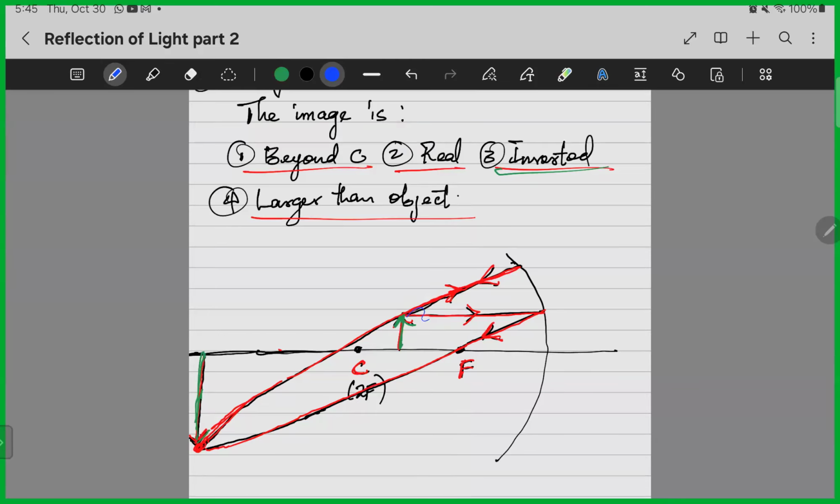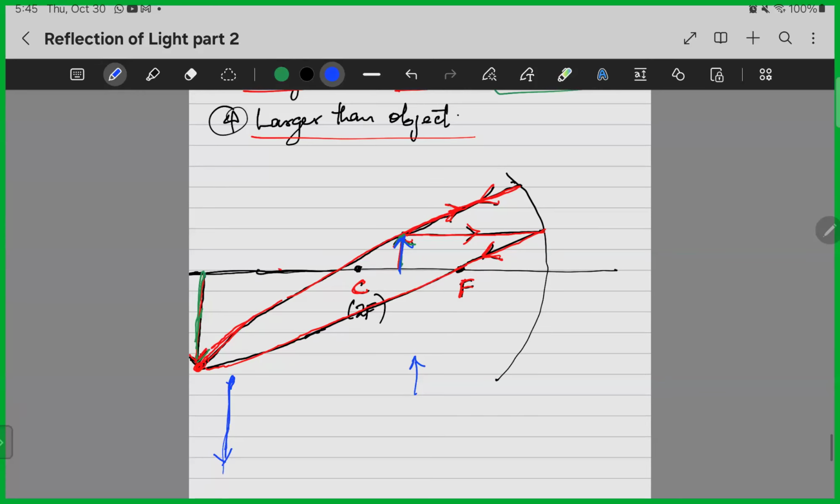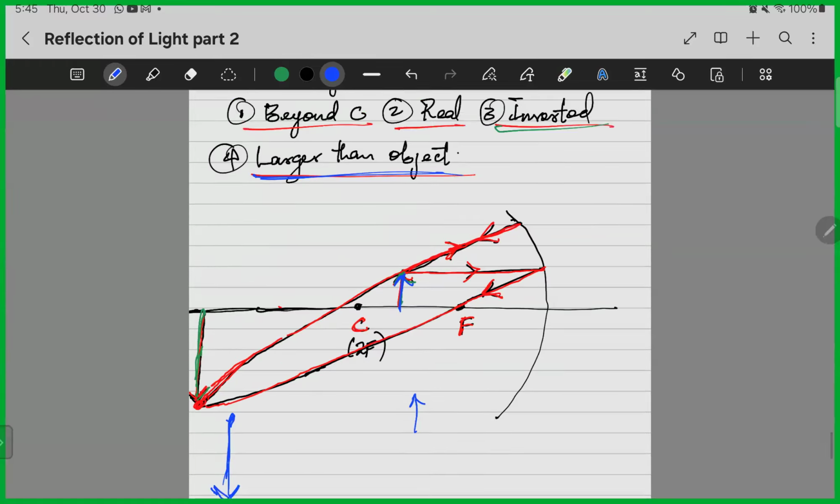See the object here. See how small it is. See the corresponding image. See it's big like this. That idea tells you that the image is larger than the object. So we've made that point.